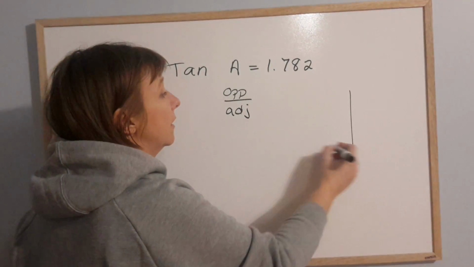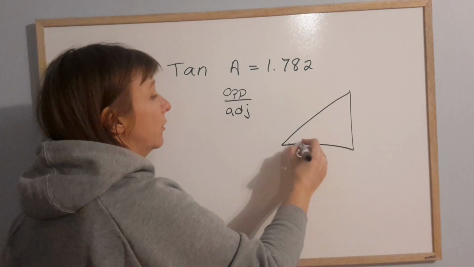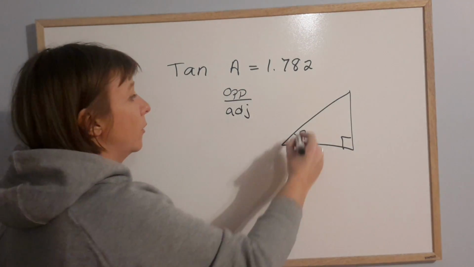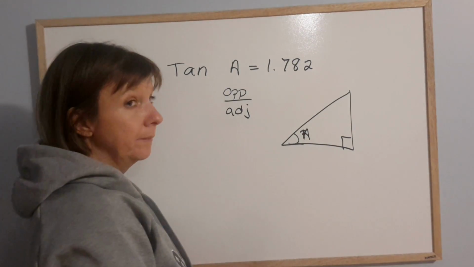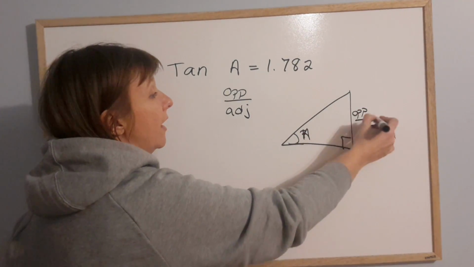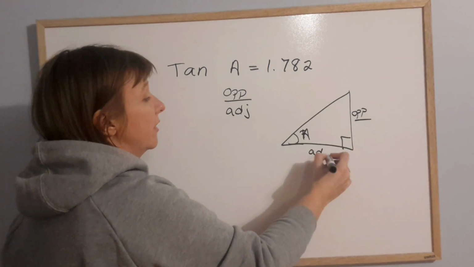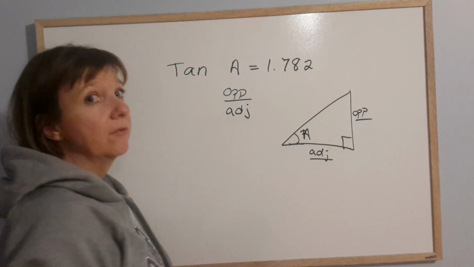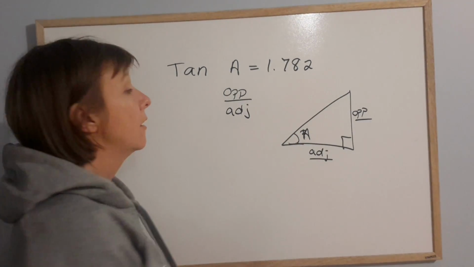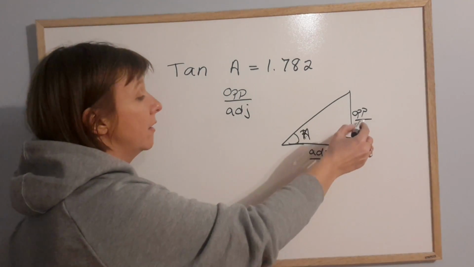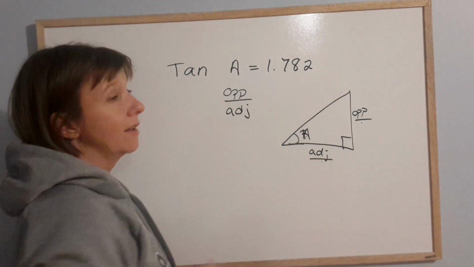In whatever triangle this is, if this is the angle I want to know, angle A, and they take the opposite side and the adjacent side and divide them, they get 1.782. What they want to know is, what angle would that be if, when I divide the opposite side by the adjacent side, I get that?